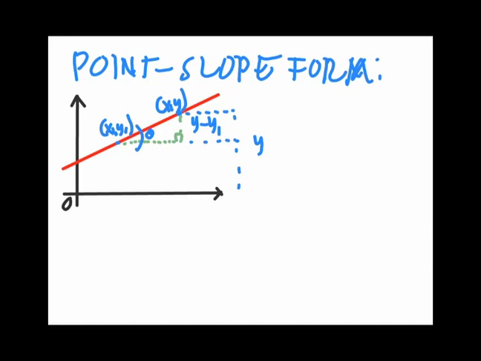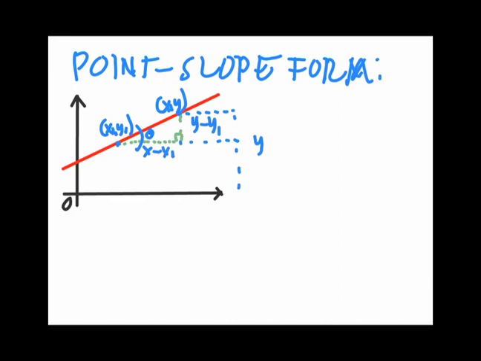That's why we'll have now the difference y minus y1, right? So similarly, the distance from this point to this point, which is the adjacent side of this right triangle with reference to this angle, of course, this is now x minus x1.